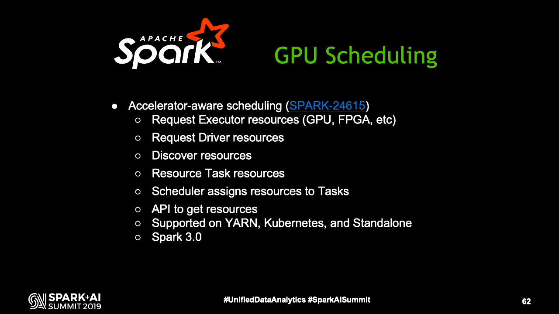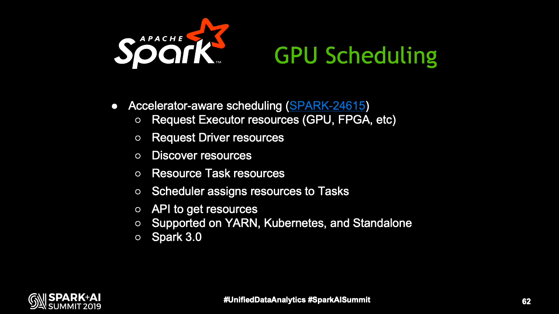There are some limitations depending on what cluster manager you run on. Currently we support Yarn, Kubernetes, and standalone mode on Spark, but each one has its different uniquenesses. And some of them, for instance Yarn, will not tell you what GPU it's allocated. So you can say, I want a container with 1 GPU, and it'll give you that container, but it won't give you what GPU address was given with it.